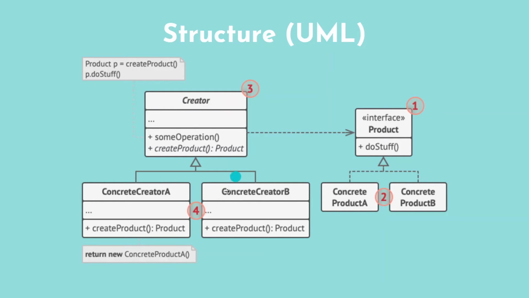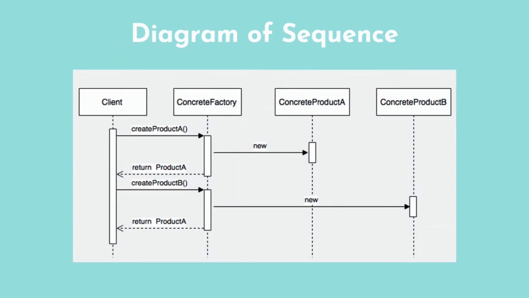The concrete creators override the base factory method, so it returns a different type of product. Note that the factory method doesn't have to create new instances all the time. It can also return existing objects from a cache, an object pool, or another source. This is very important.